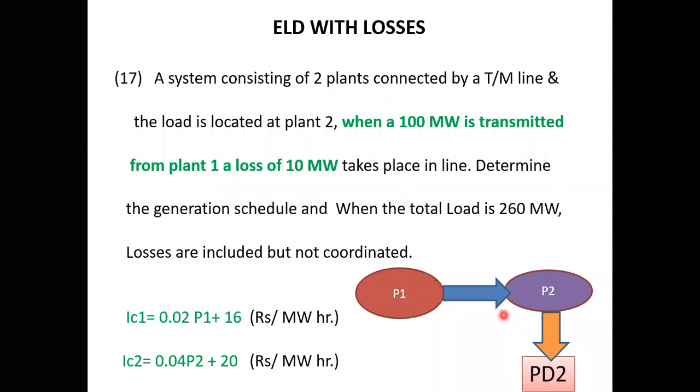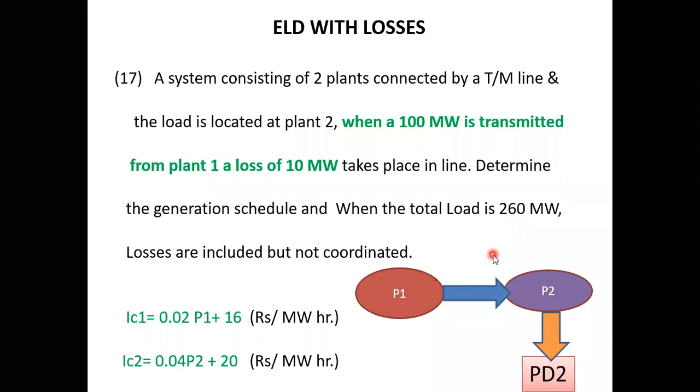When 100 megawatt is transmitted from plant 1 to the load, 10 megawatt is lost in the transmission line. One more given data is the total load is 260 megawatts, means here PD2 equals 260 megawatts. IC1 and IC2 are also given data.